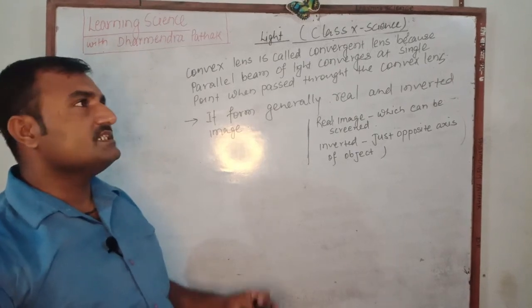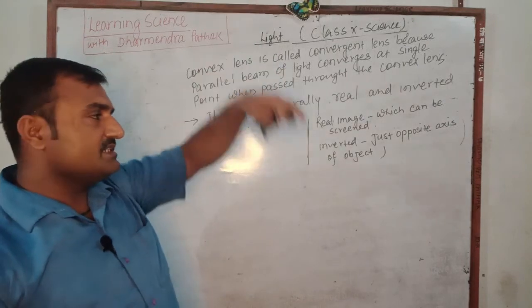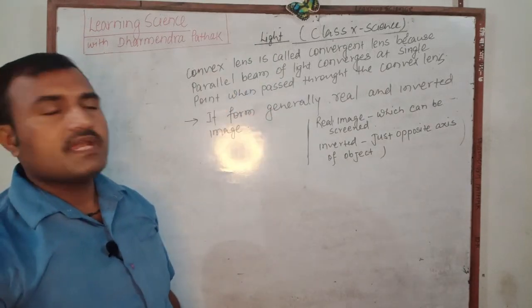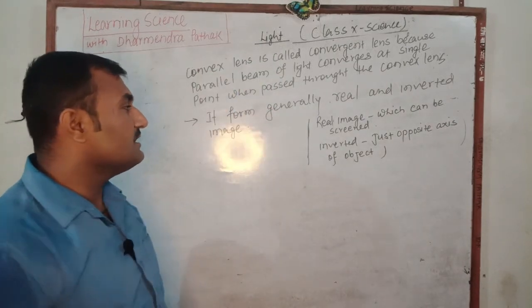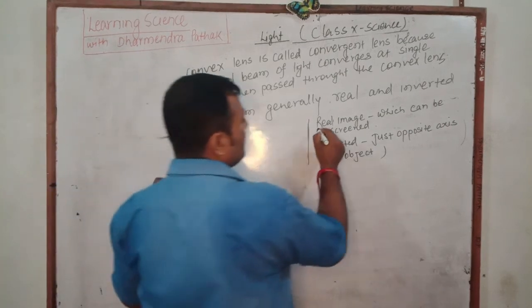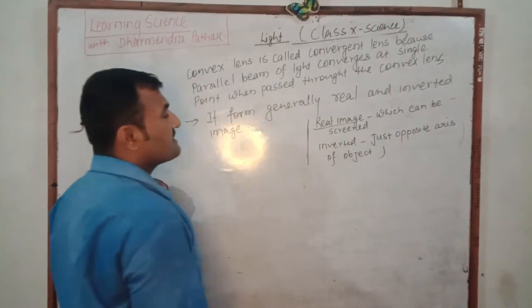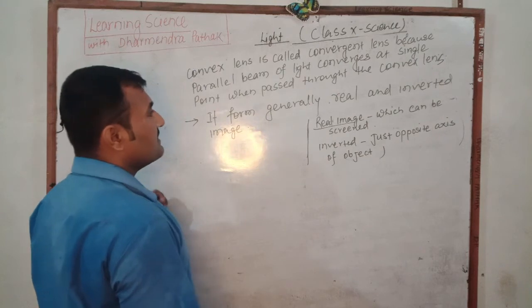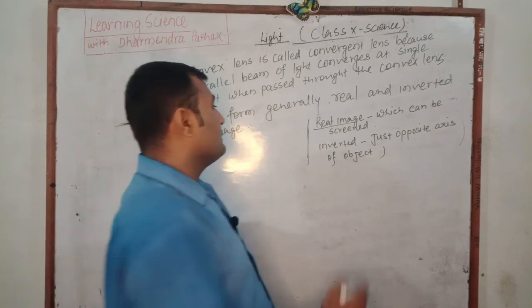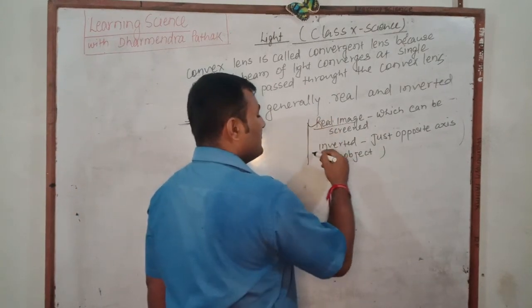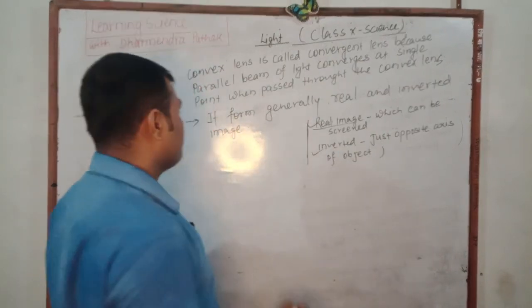Inverted. When the object is on the y-axis, if the image is formed downward, on the y dash axis, then it is called an inverted image. A real image can be taken on a screen, and a convex lens generally forms a real and inverted image.